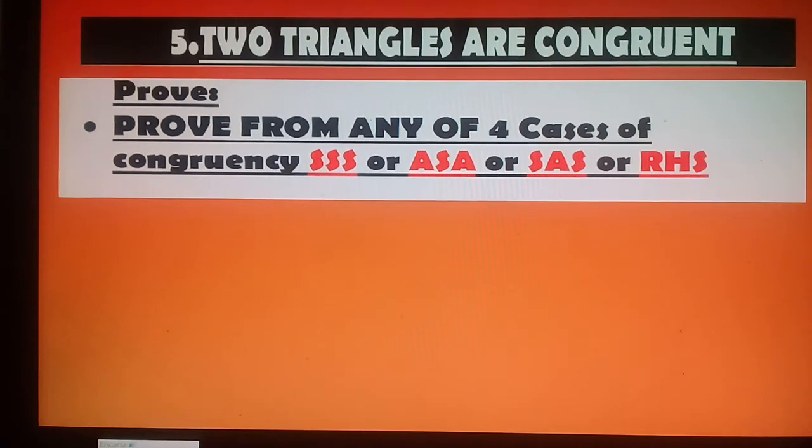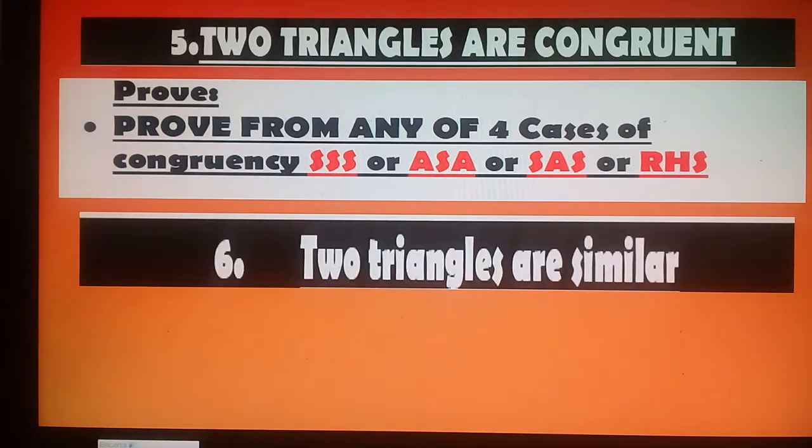We can use case number 1: if you have side, angle, side, or angle, side, angle, or side, side, side, or RHS, right angle, hypotenuse, and side. You have to know this. If they say prove that triangles are congruent, we can use any one of these 4 cases of congruent triangles.